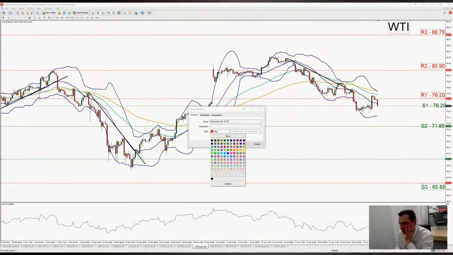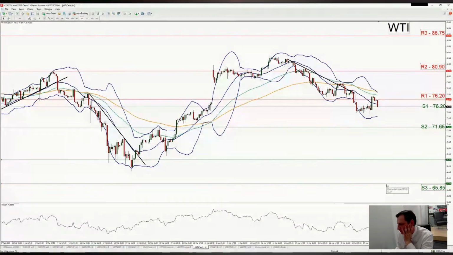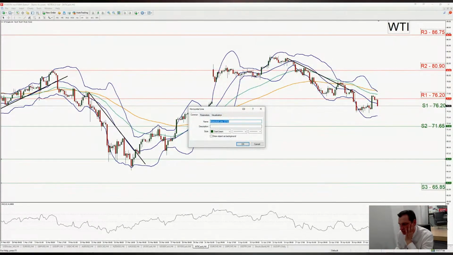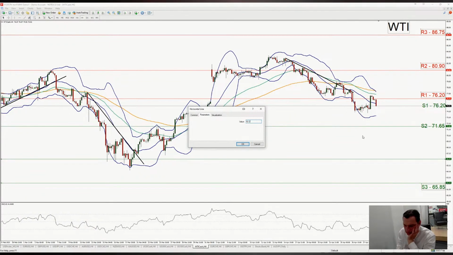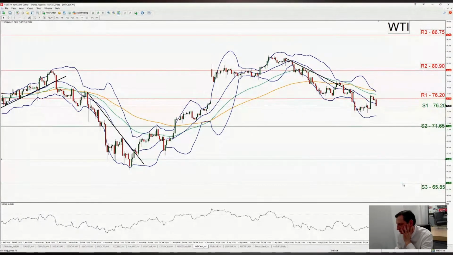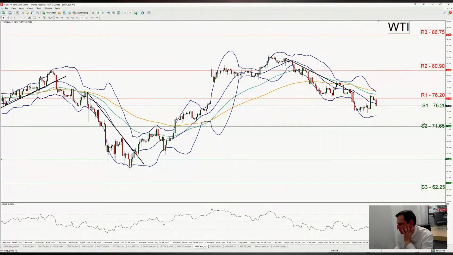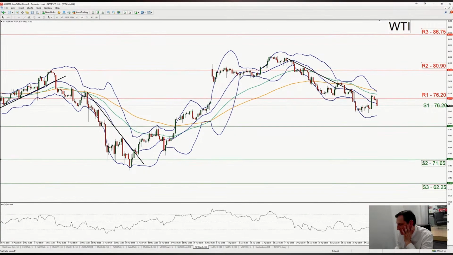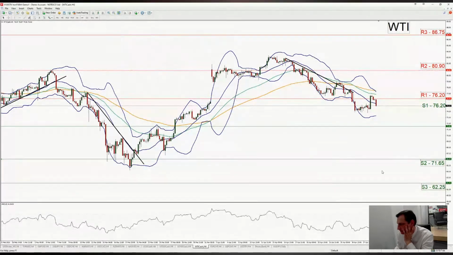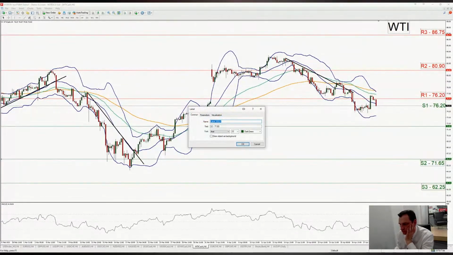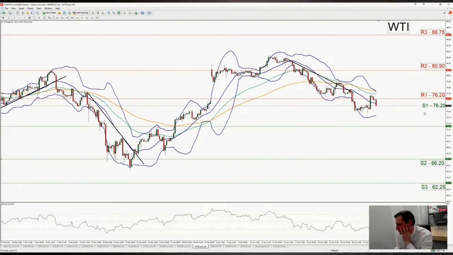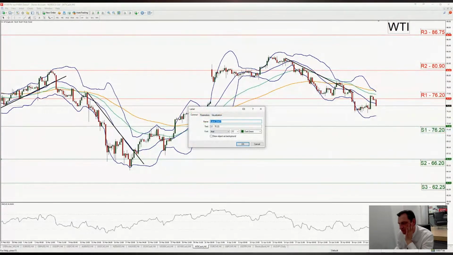Let's turn this into support line. $62.25. 66.20. 71.65.